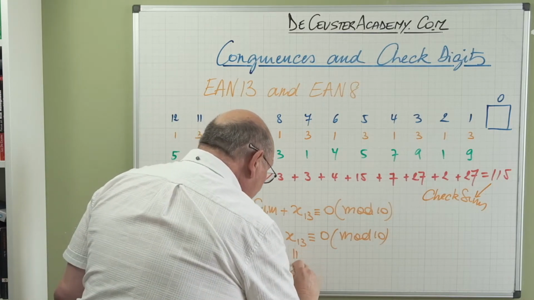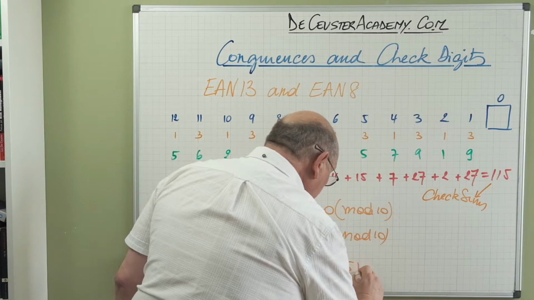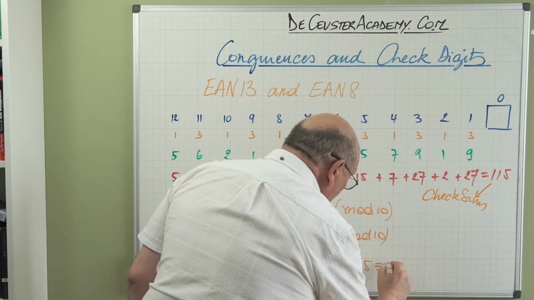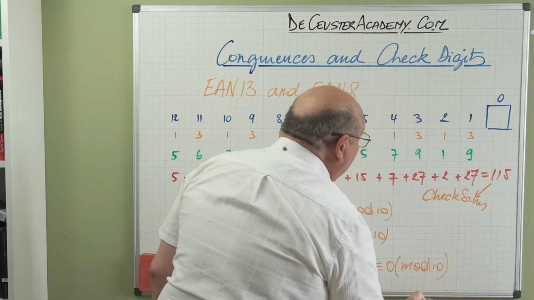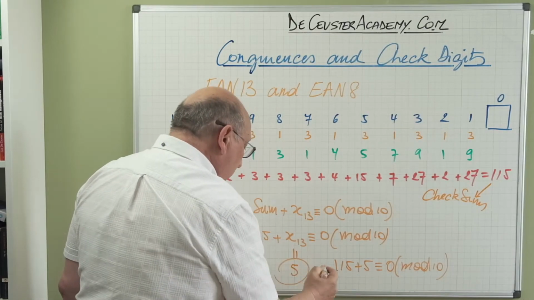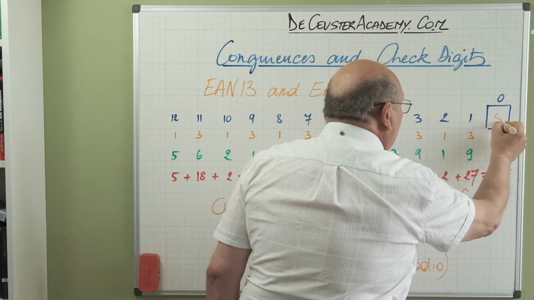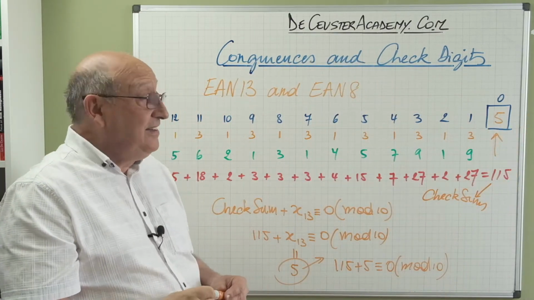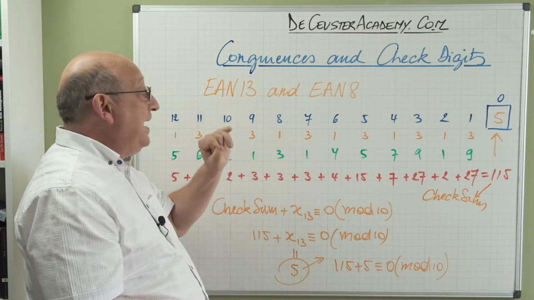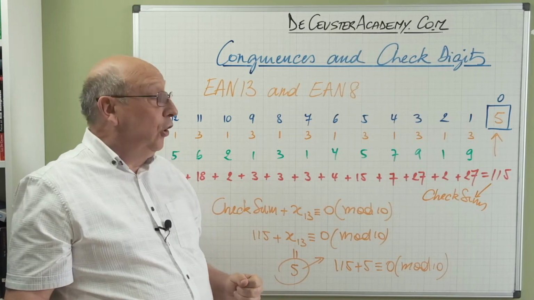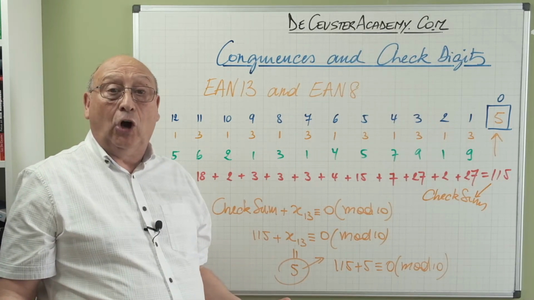So this is then basically equal to 5, because 115 plus 5 is congruent 0 modulus 10, and we can say this is 5. So basically this is the complete format for the EAN13 code. Let's do the same now for an EAN8 code.